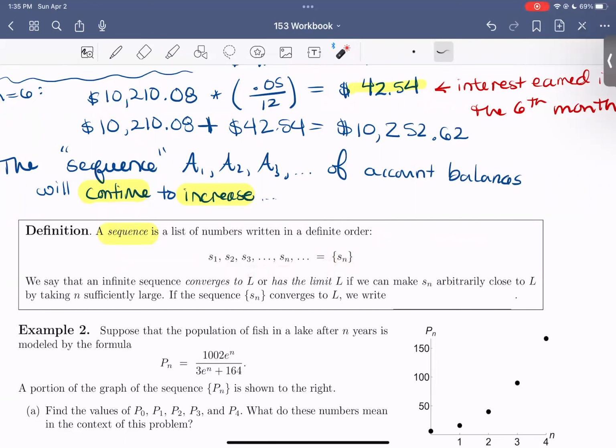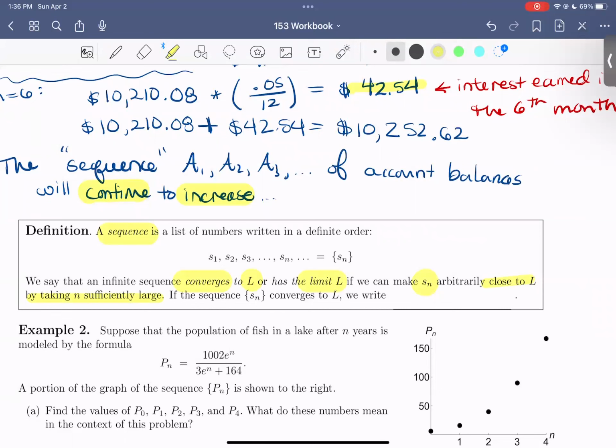We say that an infinite sequence, so if this n is not just stopping at n, but we actually have an infinite amount of numbers, converges to a value L or has a limit L if we can make the numbers in our sequence arbitrarily close to L by taking n sufficiently large or big enough.